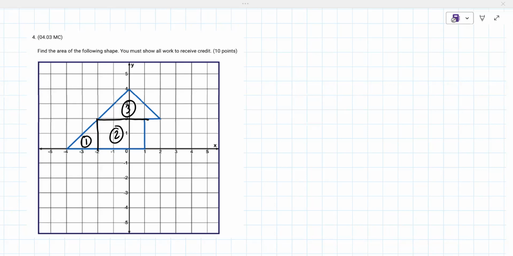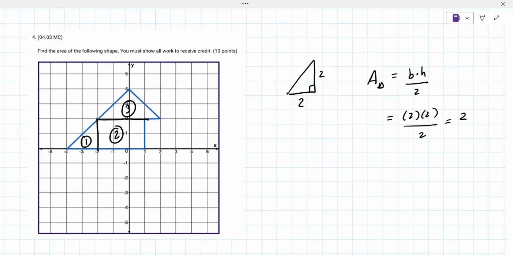Okay, so one is a triangle. You might want to redraw it and then label the base and the height. The base is 2 and the height is 2. The area of this triangle is base times height divided by 2. So 2 times 2 divided by 2, which is 2. That's number one.